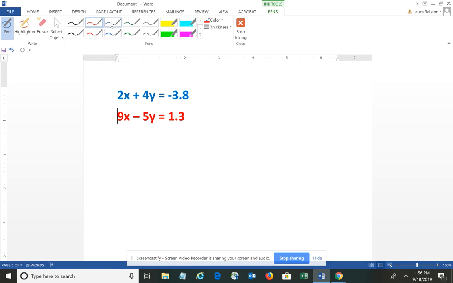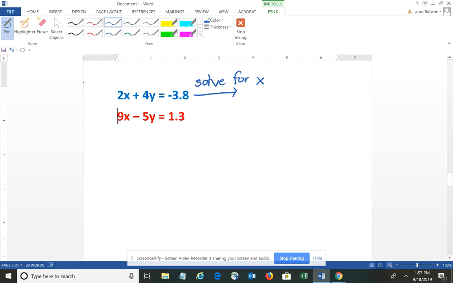So I am going to take this first one and solve. I think I'm going to solve for x this time. Again, this is where you have to make a decision for yourself about which one you want to solve for. And sometimes there are better options than others.